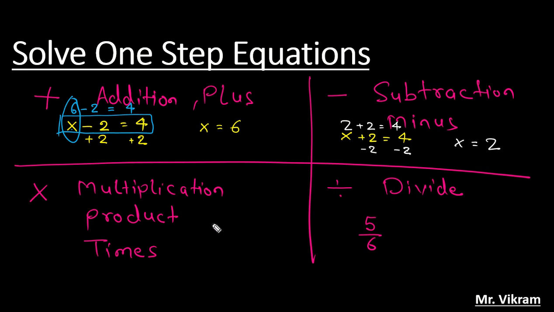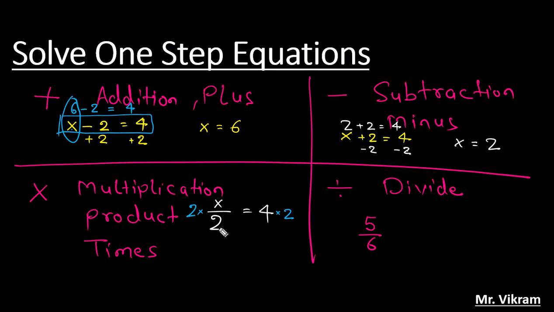Now let's try one more question. If you have x divided by 2 is equal to 4, how will I solve this? If you have divide, then you will multiply. Multiply 2 on both sides.